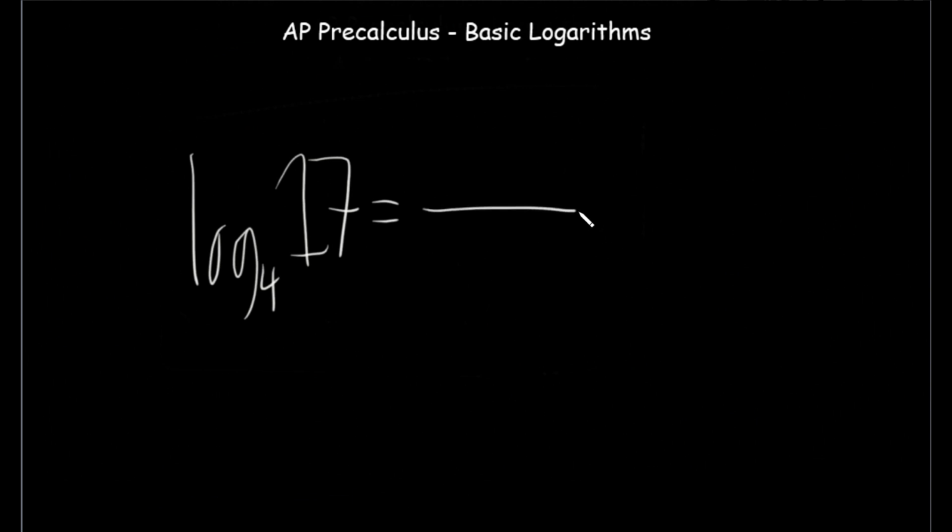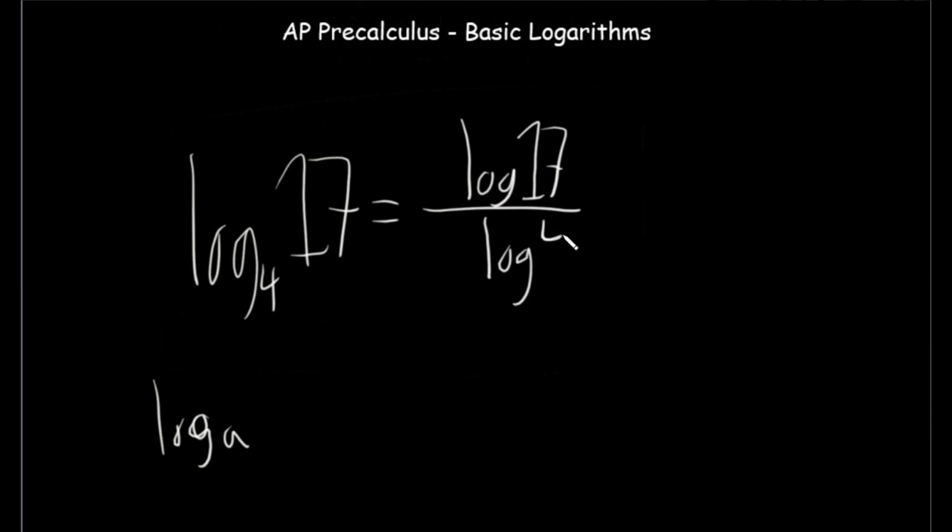So when we say log base a, a has to be greater than 0 and not equal to 1. So we can do log base 10, which is pretty easy to evaluate on our calculator. So you can put log base 10 of 17, divide that by log base 10 of 4.